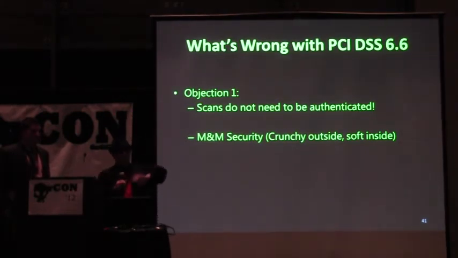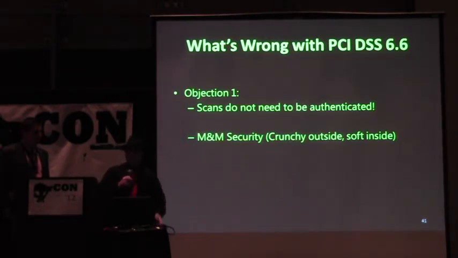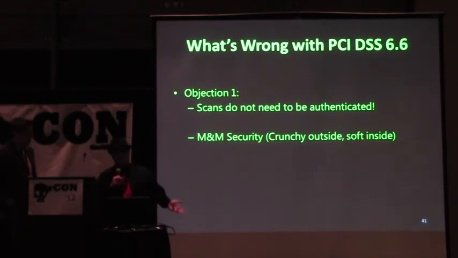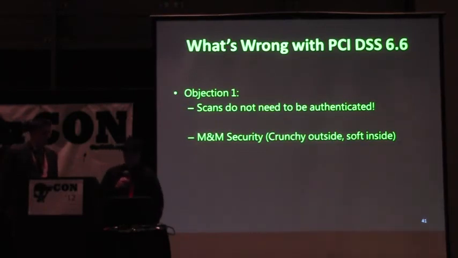The login page is all crunchy and hard, and you run your web application scanner against that. The scanner finds nothing. However, when you log into the website, you're greeted with all types of fun vulnerabilities. It's the playhouse of vulnerabilities: SQL injection, cross-site scripting, directory traversal. It's all over the inside of the app, but you're not going to find it on the outside of the app. So to me, that's a problem.